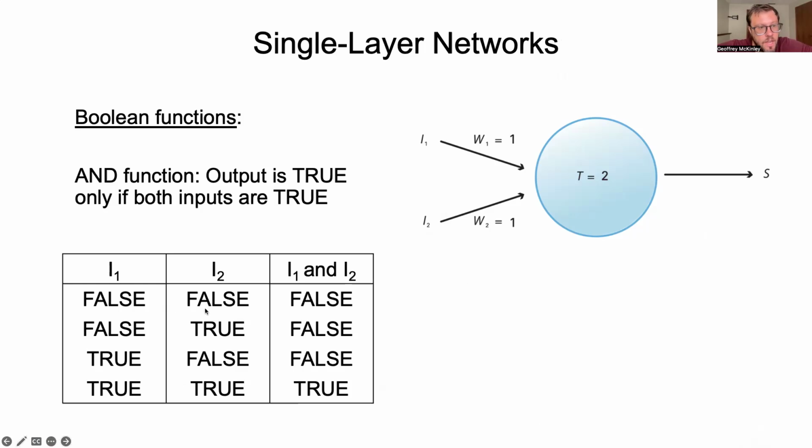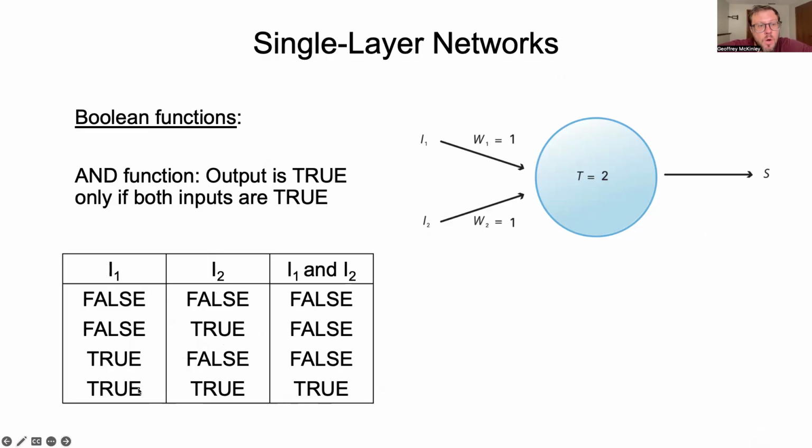Again, this is the truth table for the AND function. If both are false, then of course the output is false. If input 2 is true but input 1 is false, then the output is false. If input 1 is true and input 2 is false, then the function is false.